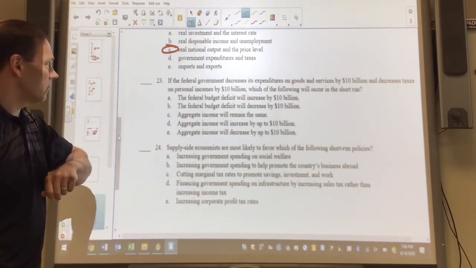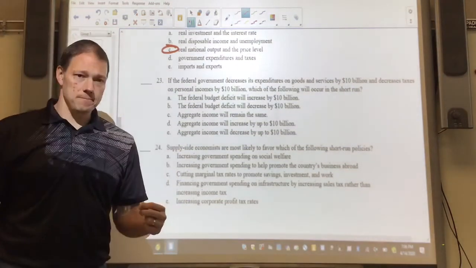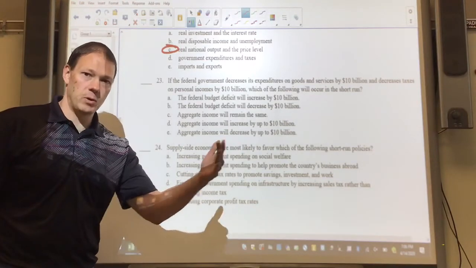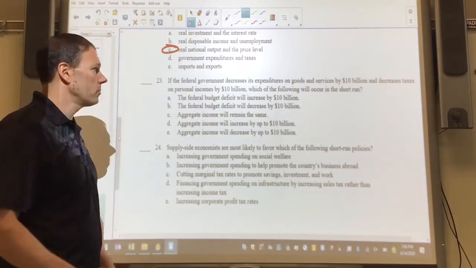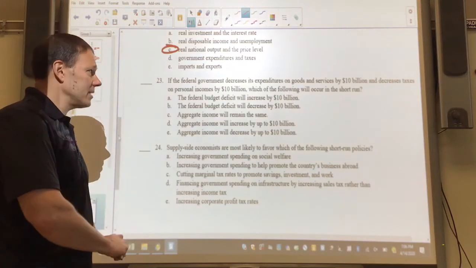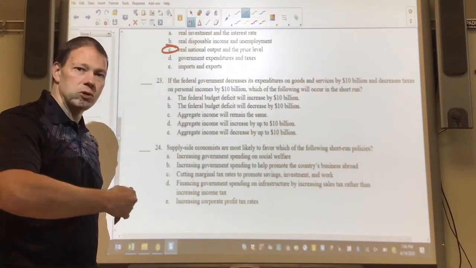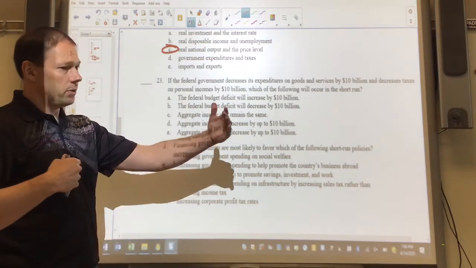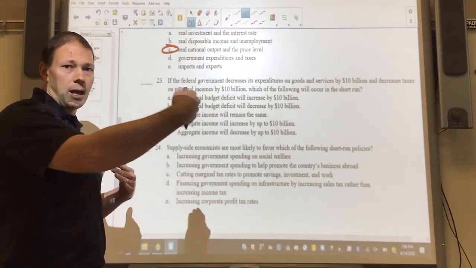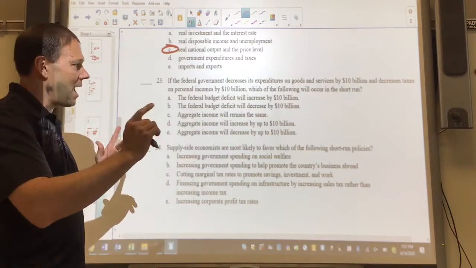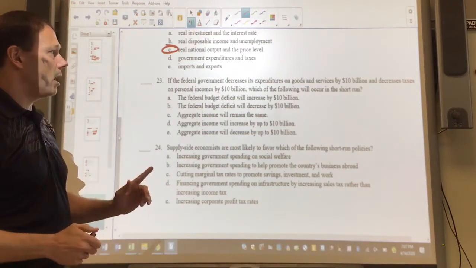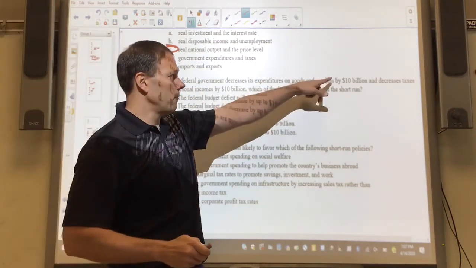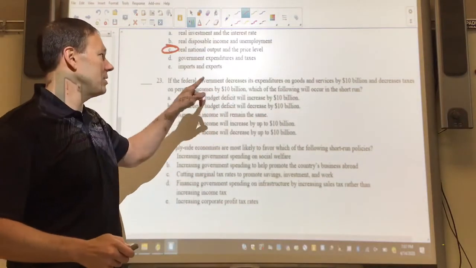Number 23, the federal government decreases spending by $10 billion. Okay, we know that's going to decrease aggregate demand. But then they decrease taxes by $10 billion. That's going to increase aggregate demand. Now remember though, it's not an equal cancellation because the spending has a greater impact than the taxes do.